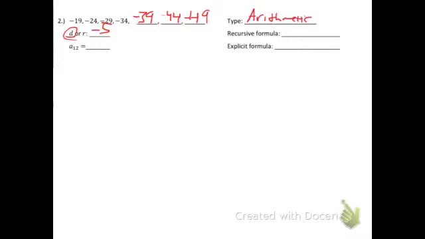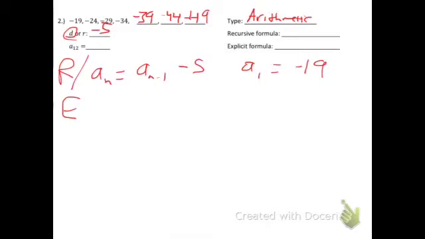And then I'm going to do the recursive formula for that. I'm going to just do sequence notation, a sub n minus 1 minus 5, and then a sub 1, my initial value, is going to be -19. The explicit function, again, I'm going to just put it in sequence notation because I can, basically.